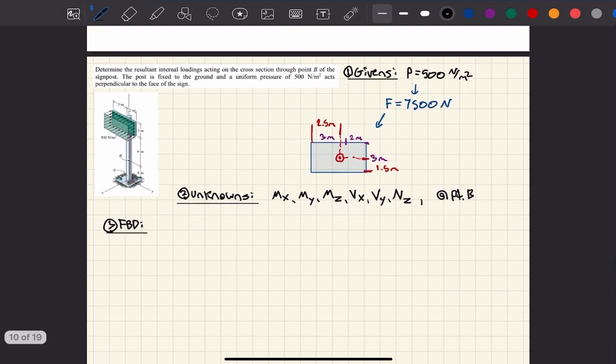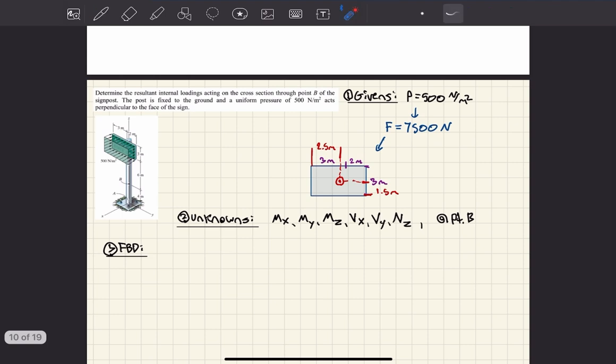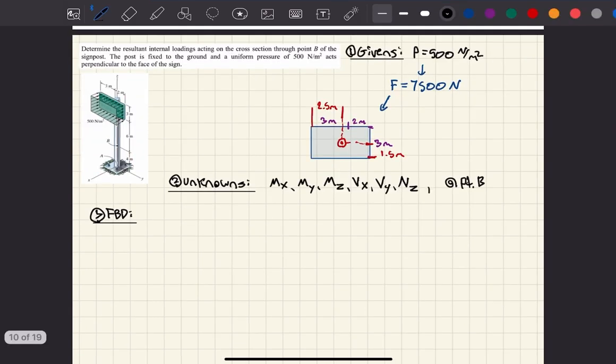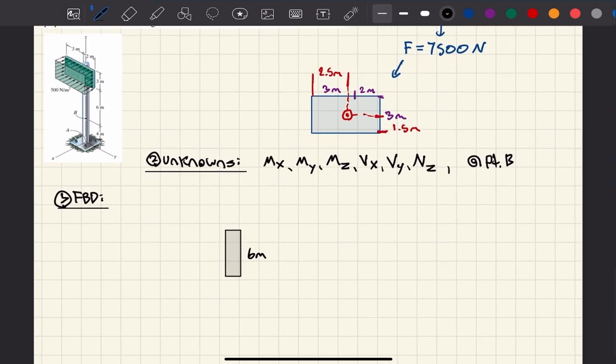Since we only care about this side, because this is where our normal force is, we're going to section the beam and cut it right here. And so basically we have the stem right here. If we draw this, this is 6 meters, and then if we draw the actual plate, it'll look like this.